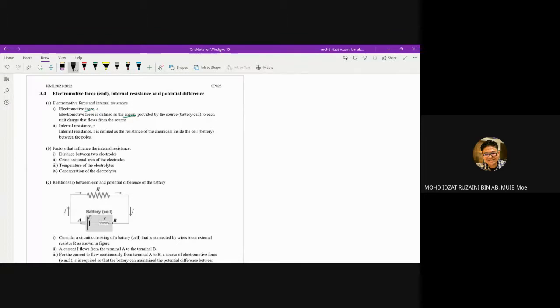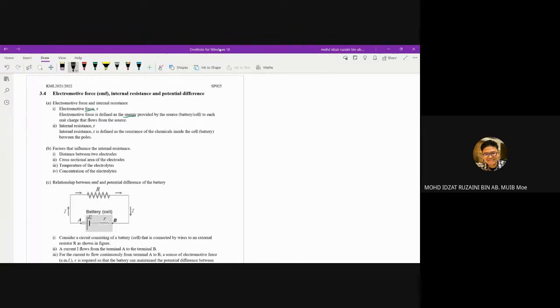Okay, kerana apa? Kerana kamu tahu voltage pada bateri contohnya 1.5 volt. So kalau kamu letakkan satu voltmeter, sorry bukan multimeter, bukannya ammeter, voltmeter, pada bateri tersebut, kamu dapat bacaan 1.2 volt contohnya.